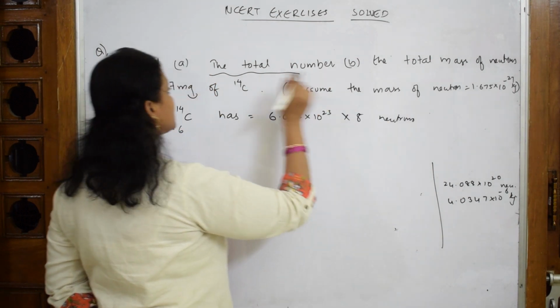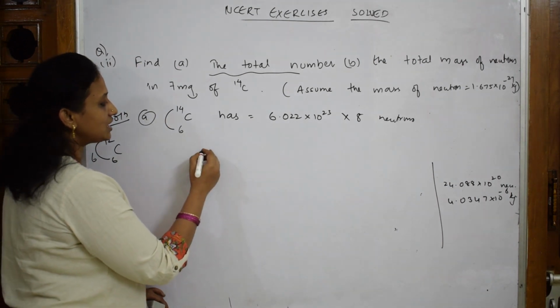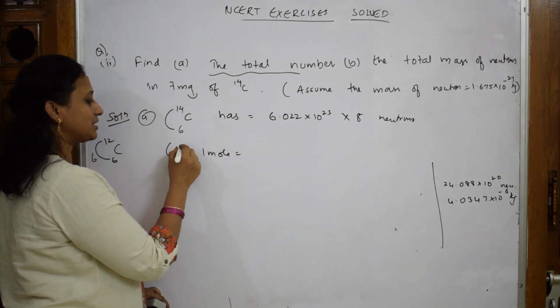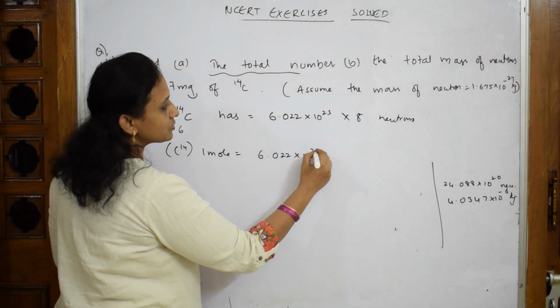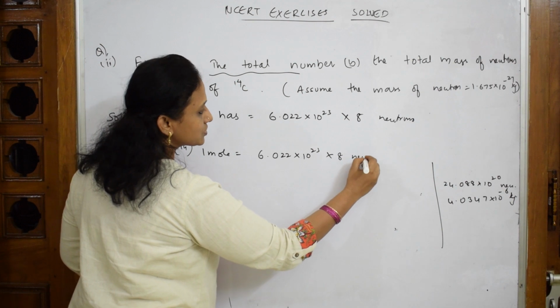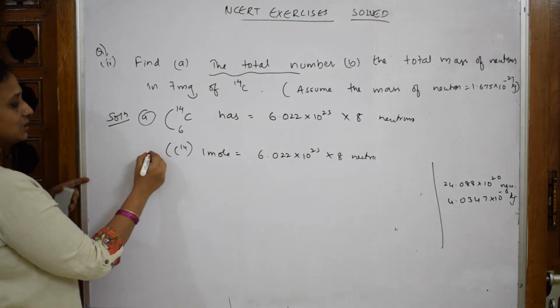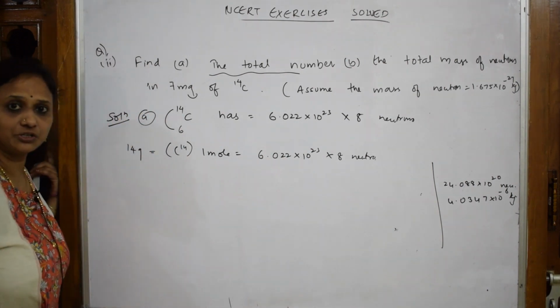So they've asked me for 7 milligrams of carbon-14 isotope. So what did we write for 1 mole? That is for C14. I'm writing for C14. It has 6.022 into 10 raised to 23 into 8 neutrons. So this 1 mole has how much weight? It is nothing but 14 grams. 14 grams is this quantity. So many neutrons.